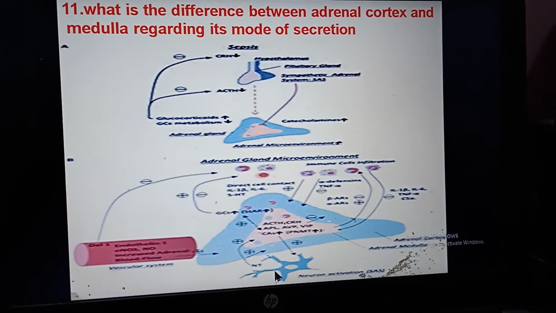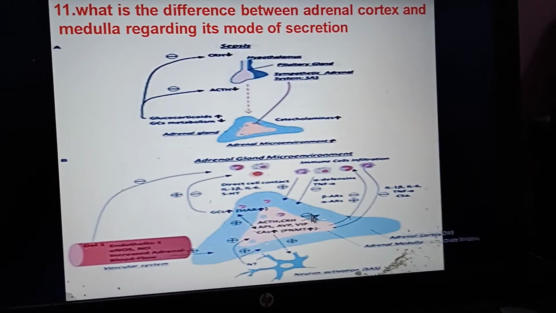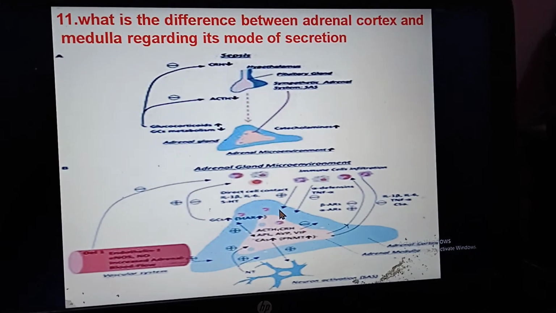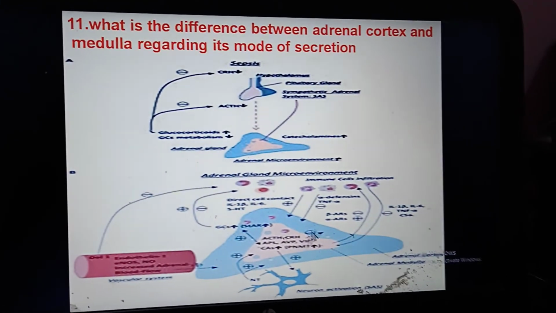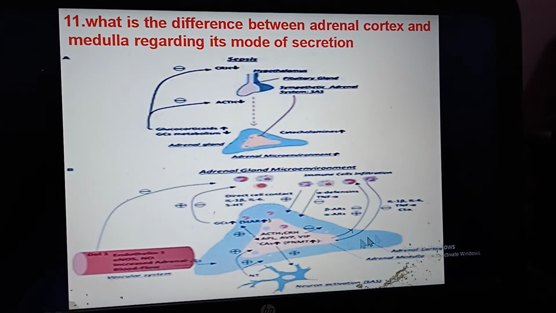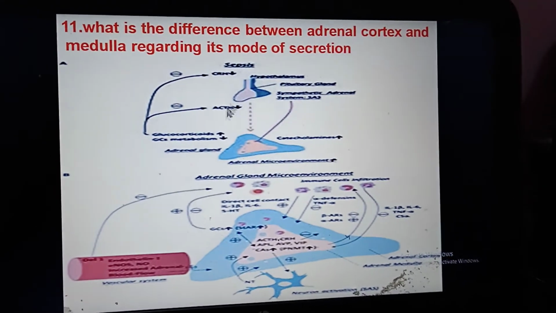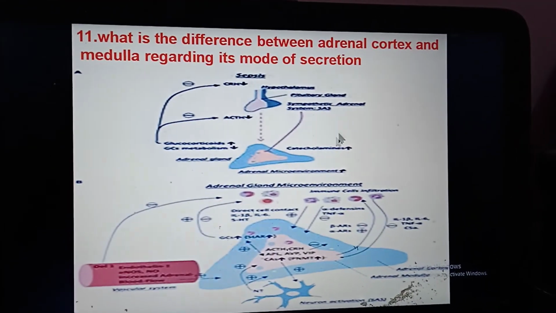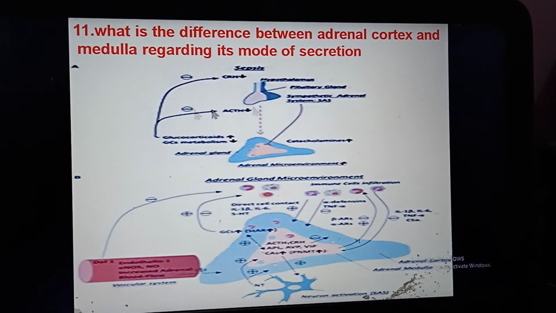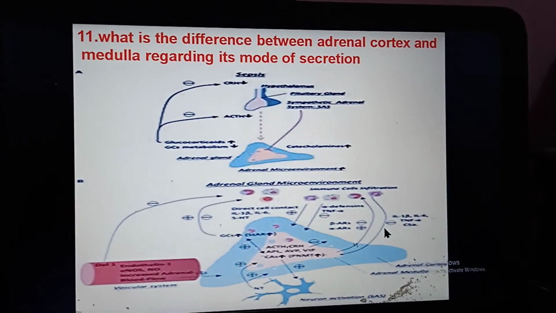But the adrenal medulla is just like a hotel. It has preformed hormone and when needed, this preformed hormone is released, just like the packaging system of a hotel. That's why it is not essential, but our home kitchen is essential. So the adrenal cortex is essential, but the adrenal medulla is not essential.